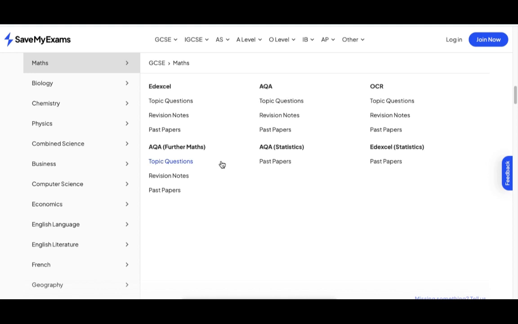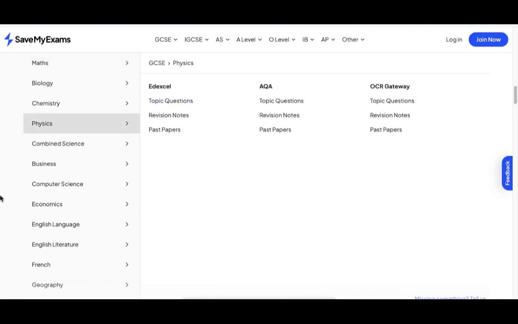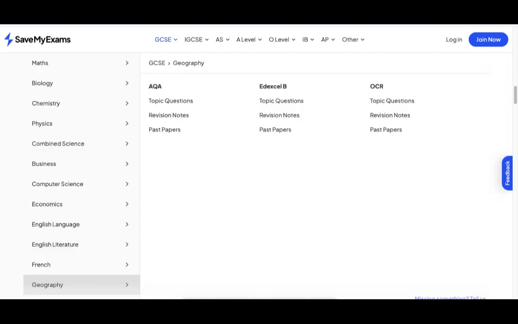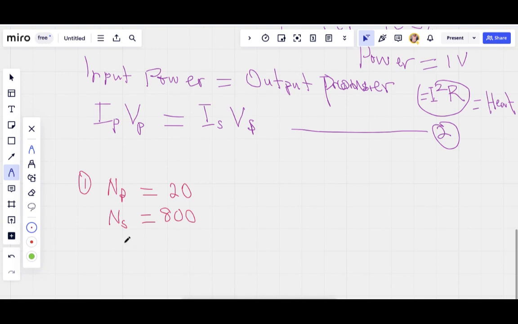Now let's read the question further. The input potential difference across the primary is 500 volt. Calculate the output potential difference. That's the first part. Input means VP, potential difference is voltage, and input means the primary side.